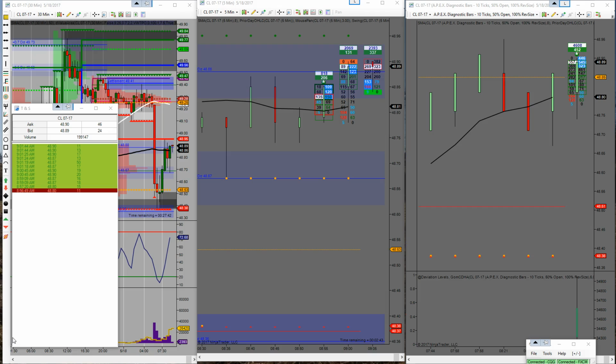All right, guys, we're going to do a little bit of scalping while I'm waiting for my reversal sequence prints. Long 10 contracts, 48.86. Where's that at? Right here. Look to pull 7 of them off at 96.